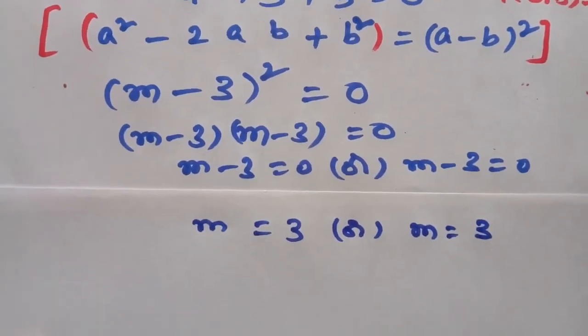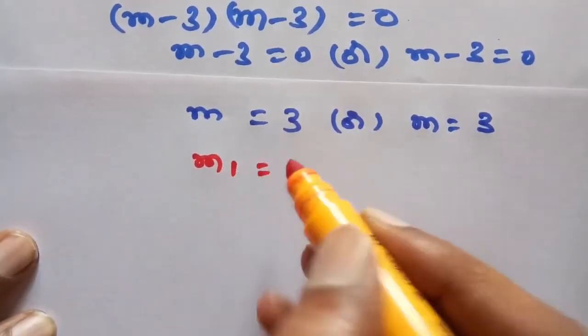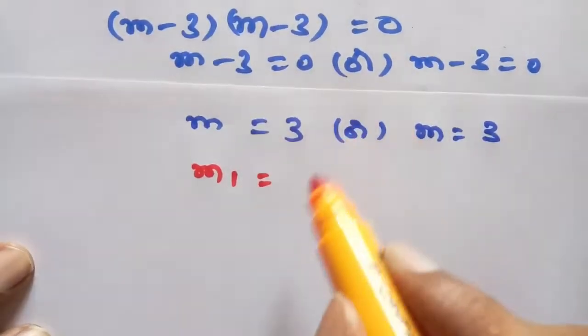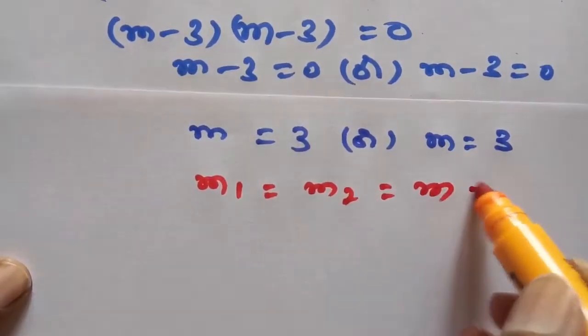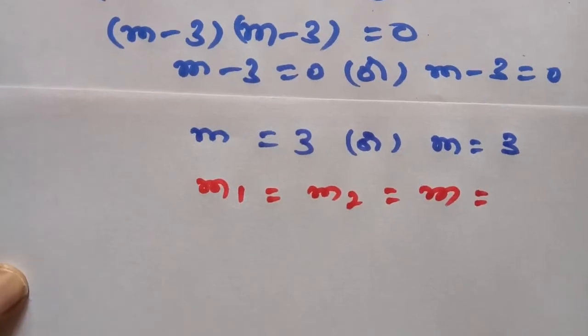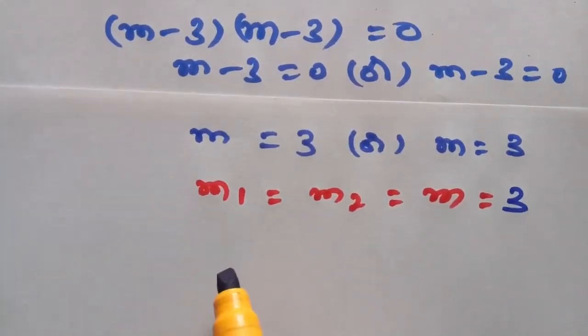Therefore, here the roots are m1 is equal to m2 is equal to 3. Roots are repeated here.